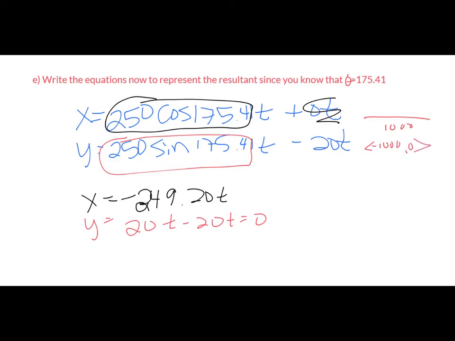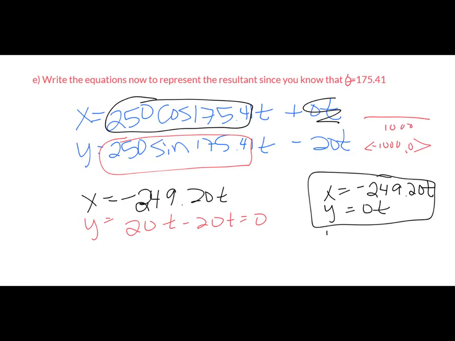So I end up with x equals negative 249.20 t, y equals 0 t. Those are my resultant vectors. Okay, what this is going to tell you is that this basically is just a modification of your distance equals rate times time formula. And I'll go over that on the next screen. I just don't have enough here.